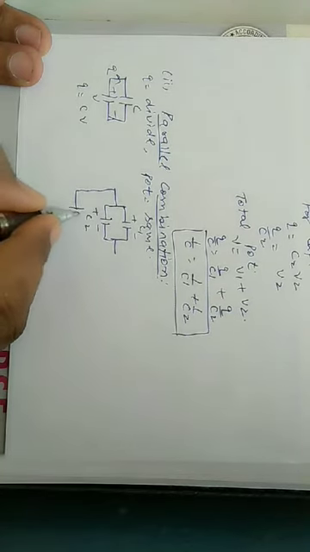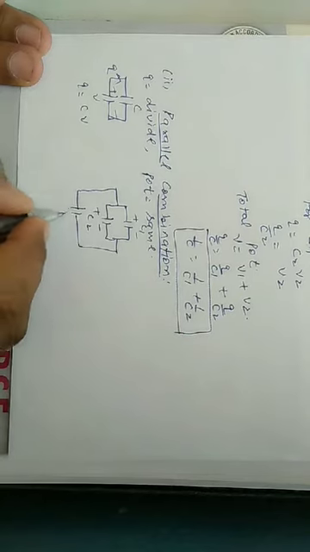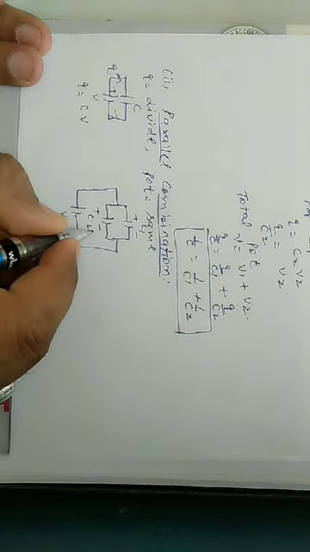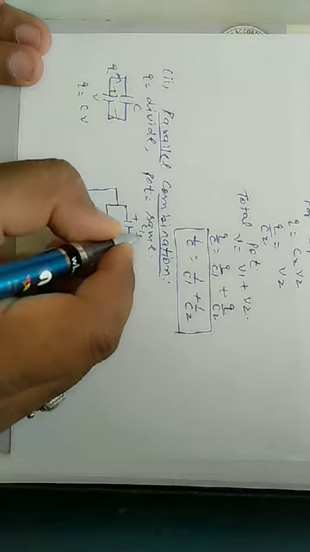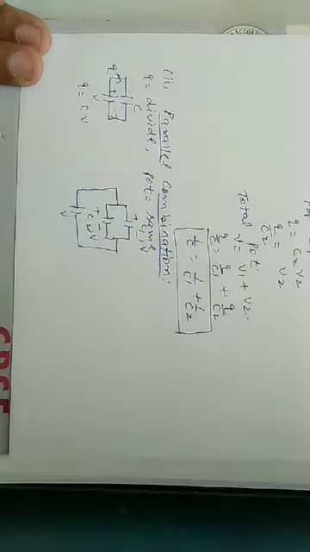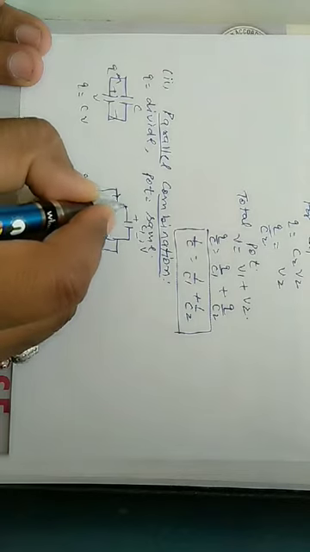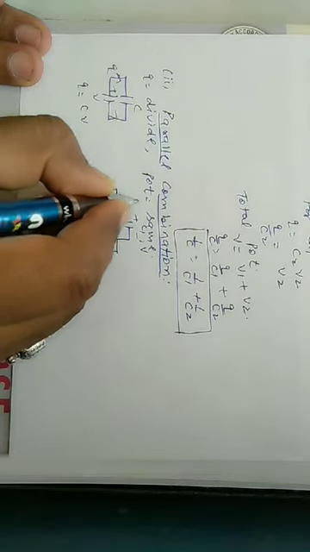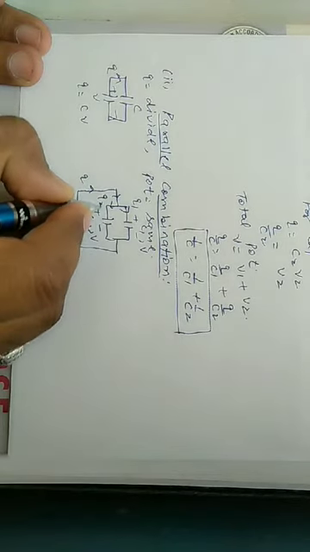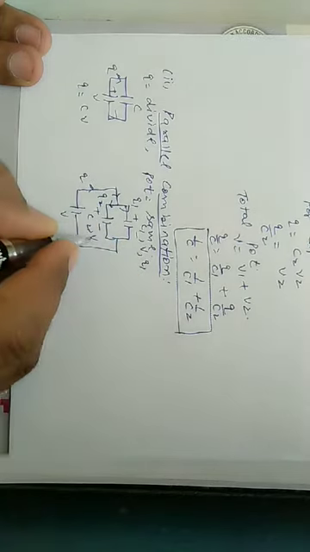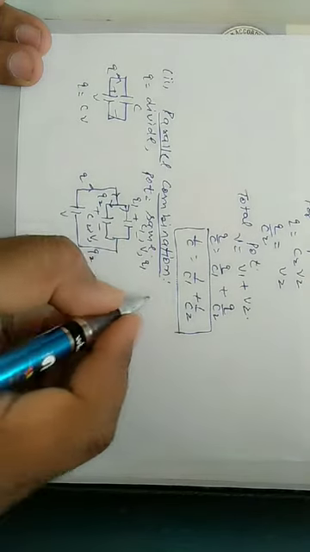These are in parallel combination, potential V. In the parallel combination, potential remains same, potential V in both the capacitors. Charge will divide. This is charge Q. It will divide into two parts, first is Q1, second is Q2.